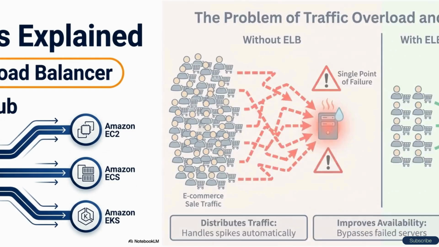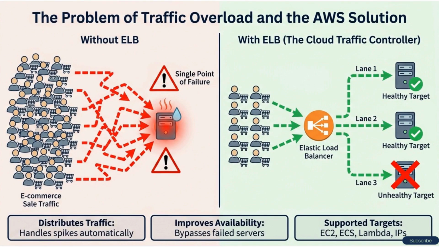Let's get started. Imagine you're running an e-commerce website during Black Friday. Thousands of users start sending requests to a single server. What happens? The server becomes overloaded. Performance slows down, users experience delays. Eventually, the server crashes. This creates a single point of failure.